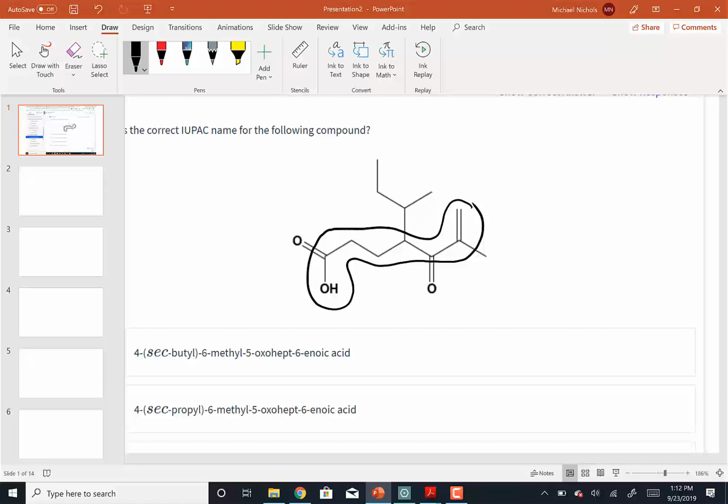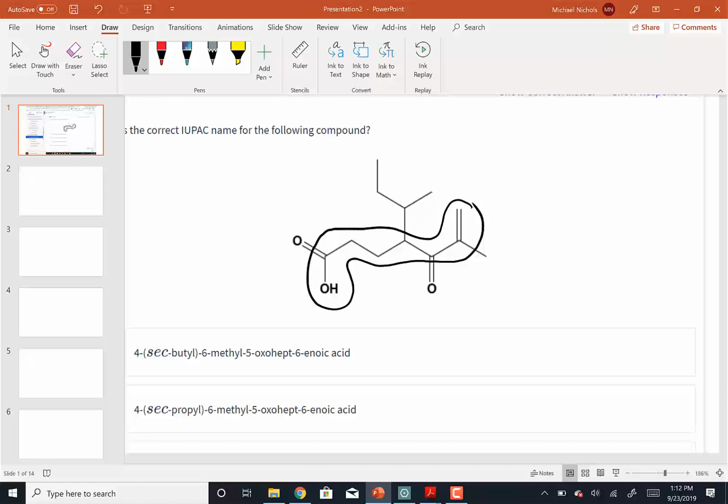The reason why it gets the priority, as best I can tell, and I think this is true, is because it has to be at the end of the chain. Whenever you have a carboxylic acid or an aldehyde or an ester, all those groups have to be at the end of the chain.